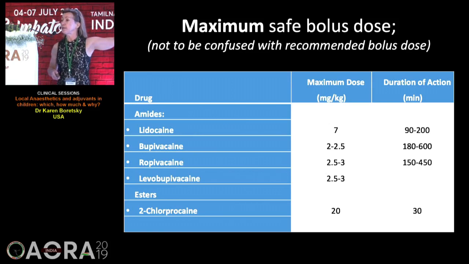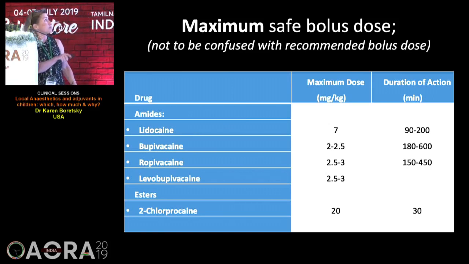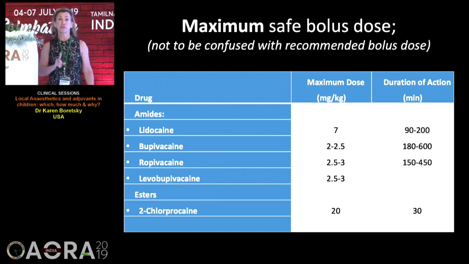And by the way, we talk about maximum safe doses here. This is not to be confused with the maximum bolus dose. The bolus dose for all of your nerve blocks is generally much lower than the maximum dose. So always remember that when you're looking at these different guidelines.